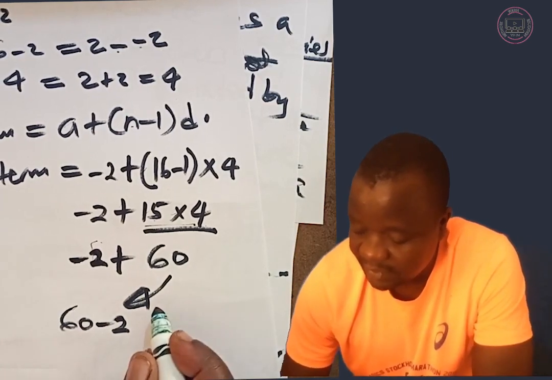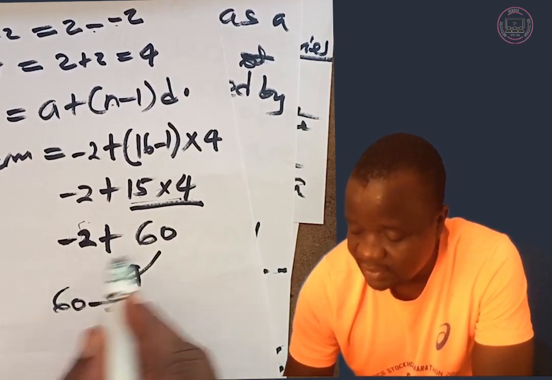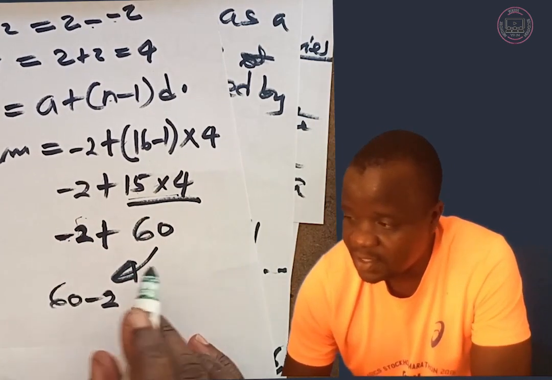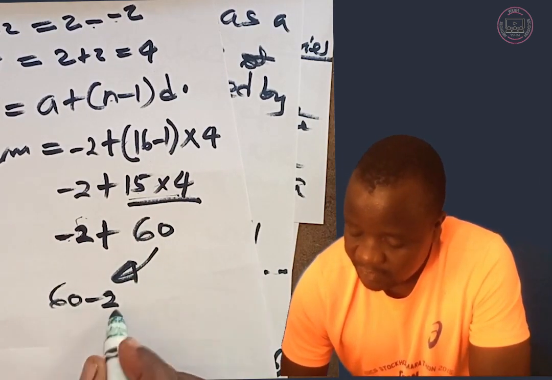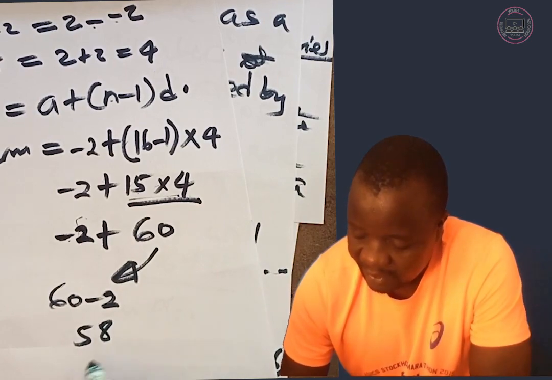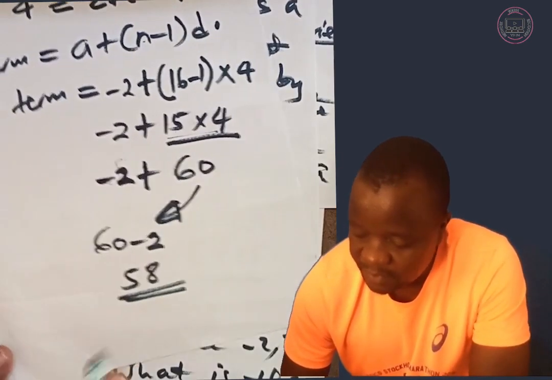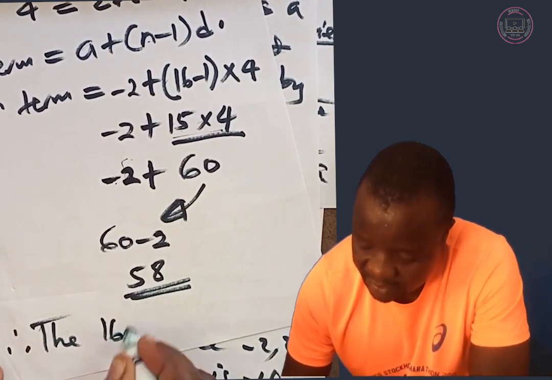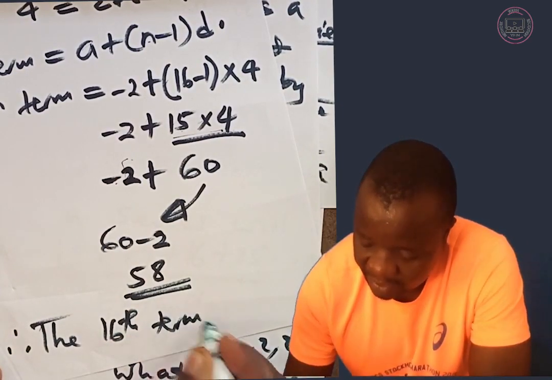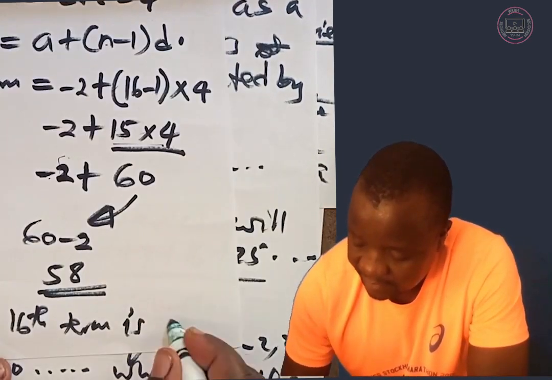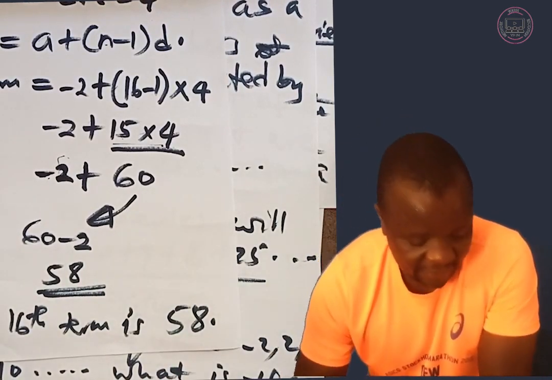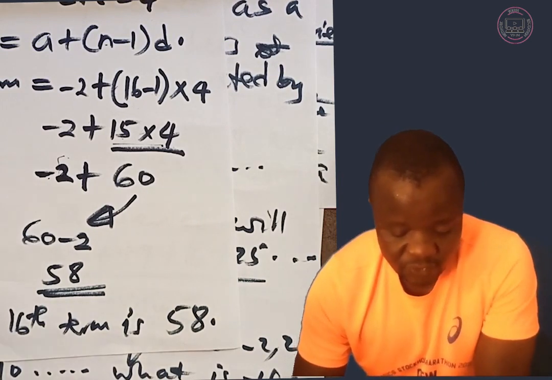Rather, this is the same as subtracting 2 from 60. So this will give us 58. So how do you present your answer? Therefore, you say the 16th term is 58. That's how we use the nth term formula to do that.